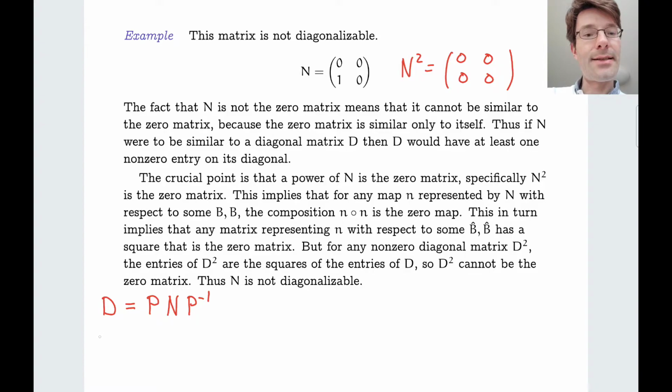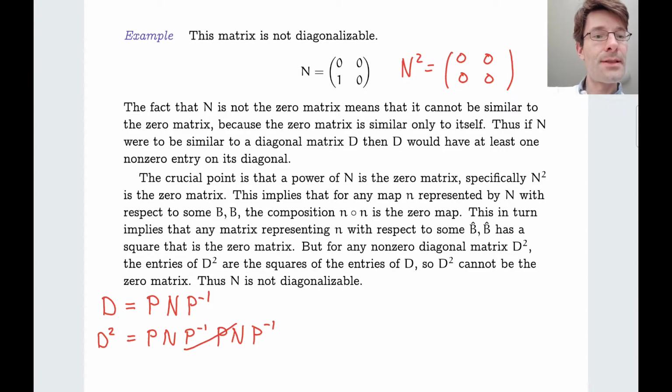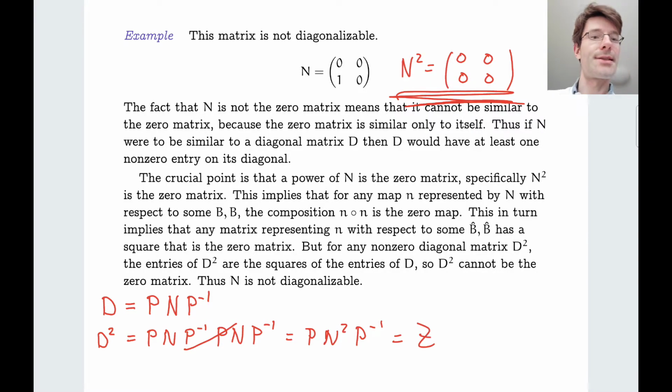So now we take the square of both sides. And then we have PNP inverse, PNP inverse. Now P inverse P is the identity matrix. And now we have PN squared P inverse. And N squared is zero, as I've mentioned before. So on the right hand side, actually, we have the zero matrix Z. Now, if we look at this equation, D squared is equal to the zero matrix.